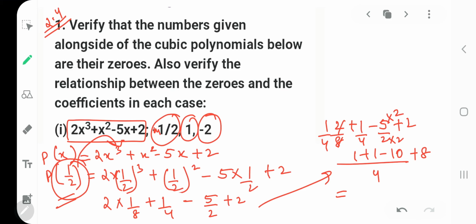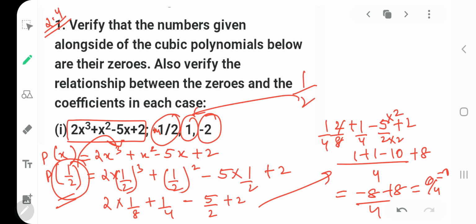Yes, my dear kids. So that will be minus 8 plus 8. We have here upon 4, that will be 0 upon 4 is 0. So once you get your answer as 0 after solving, you will say that half, that is 1 upon 2, is a zero of this polynomial.